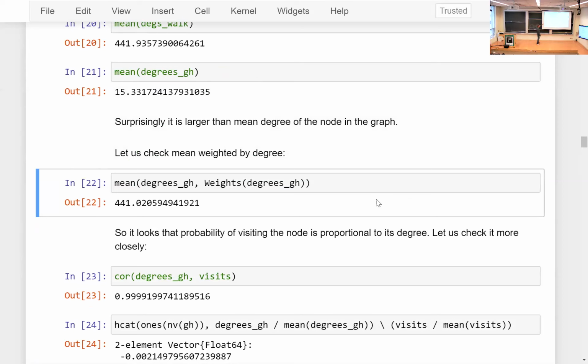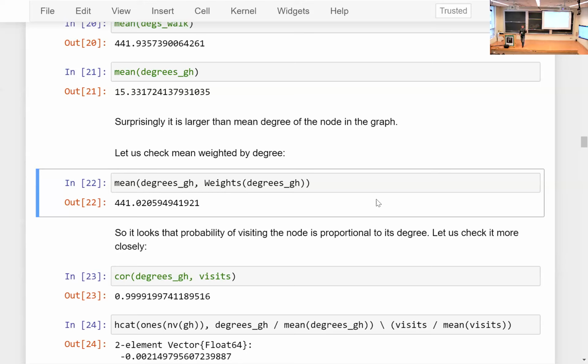Because if I notice that calculating the mean of degrees with weights proportional to the degree gives me the idea, and this is the point where simulation might give you some idea, because if you say take a square, why not a cube?